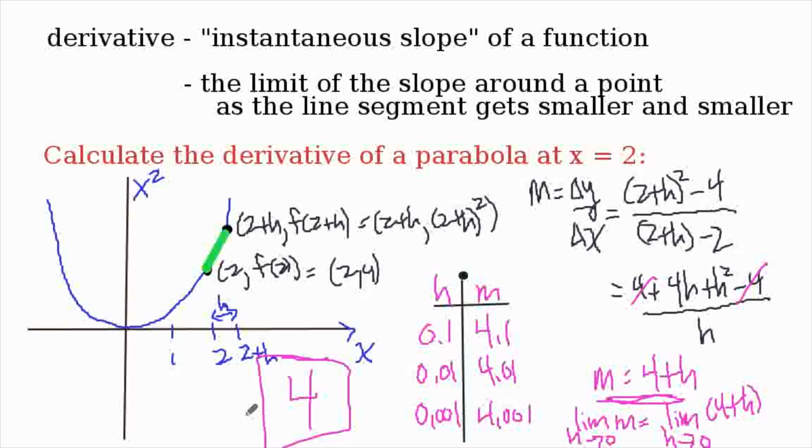All right, so let me now write the formal definition of a derivative using what I did here. Okay, so you're always going to have the same thing where you have that h, and you're going to do a lot of things similar.